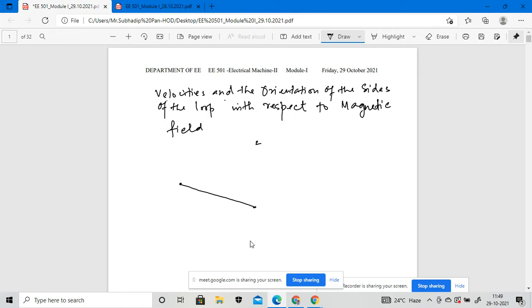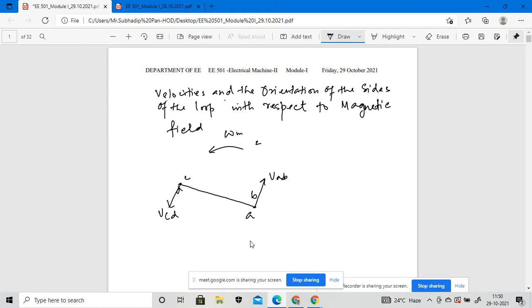This portion we will consider as A, B, and this will be D and C. So the V of AB, if the rotational motion is in an anti-clockwise direction, will be my omega m. And V of CD will be flowing through this.